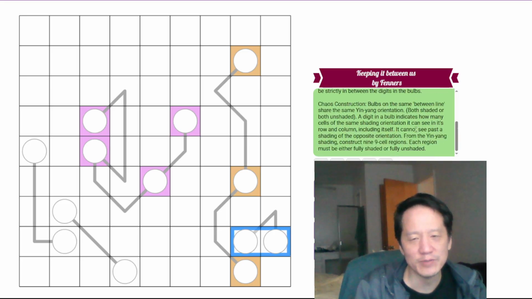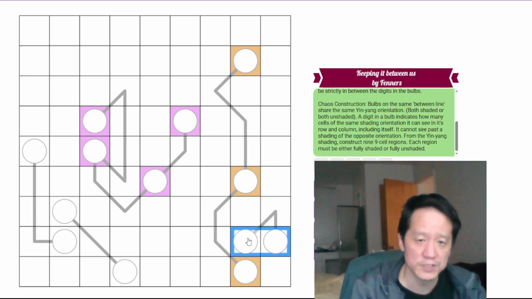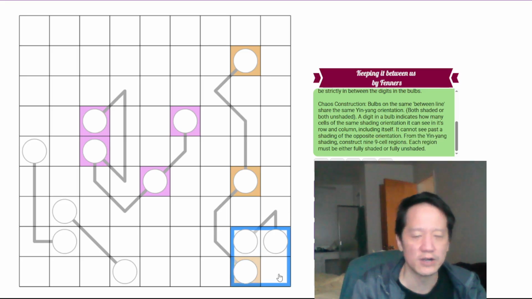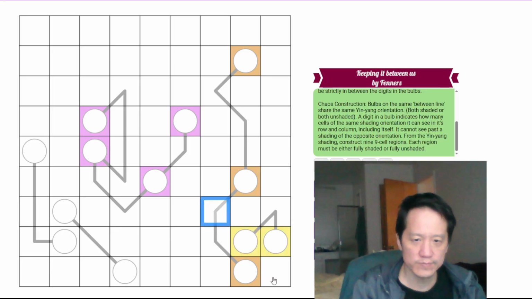So the shading can be any different combination. But this has to be the other shading because it cannot be the same as the orange. If it were the same as the orange, again, this 2x2 area would have to be all orange because this must be connected to the other shaded or unshaded cells. So this is the opposite. This is yellow.